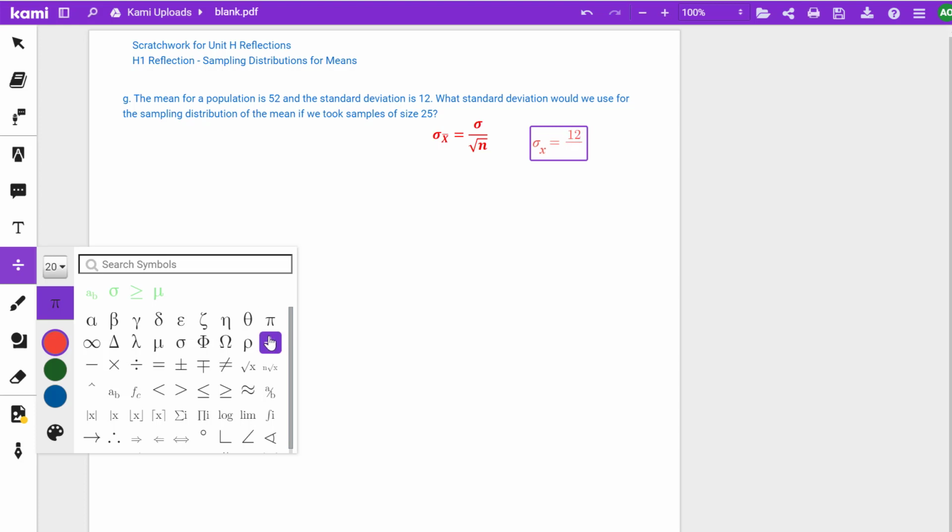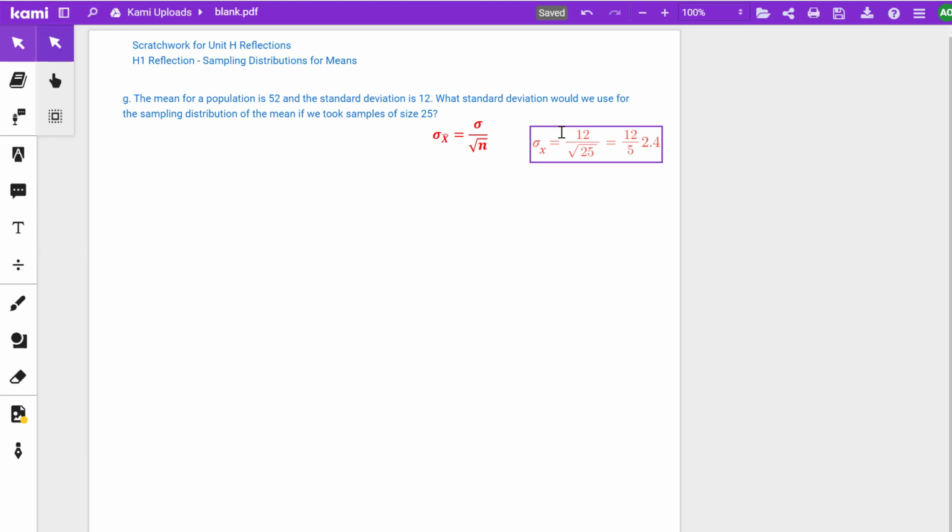The sample size is 25, and we have to take the square root of that. And so that's just 12 divided by 5, equals 12 divided by 5, which hopefully is 2.4. I did that in my head, so could be off.